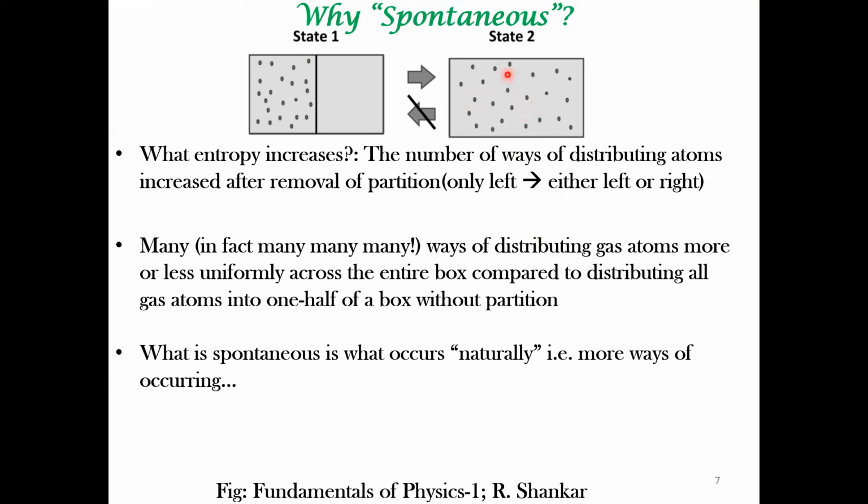So this state seems natural compared to all these gas atoms being crowded in some corner. That is because the number of ways of distributing them uniformly is much more than the number of ways of distributing them in a non-uniform manner. Again, that's an important statement, so I've emphasized it a couple of times by repeating it, but if there are questions, we can discuss it during the discussion.